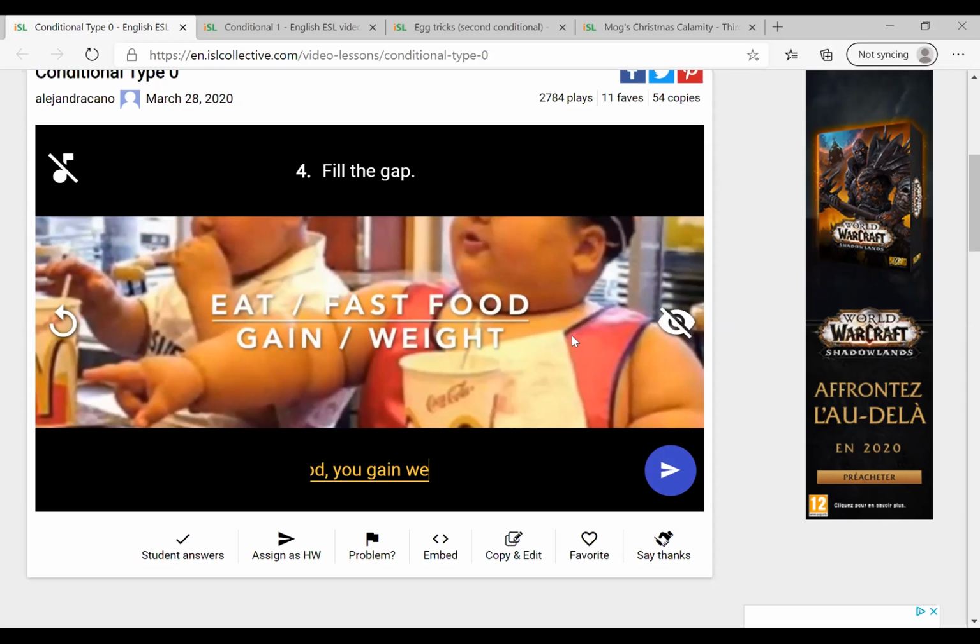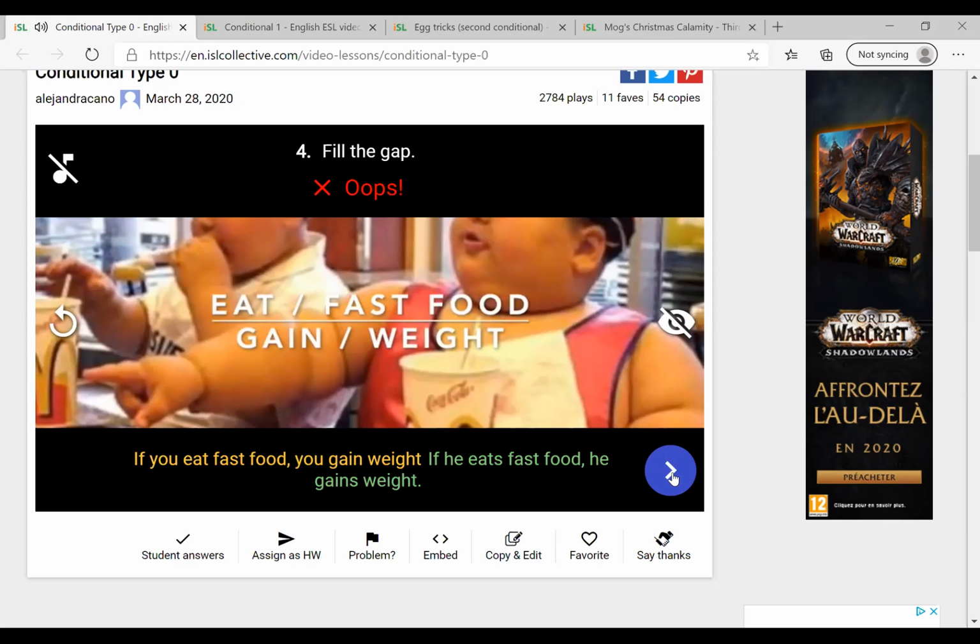How do you say? You gain weight. You lose weight and you gain weight. So let's check. Okay, so if he eats fast food, he gains weight.